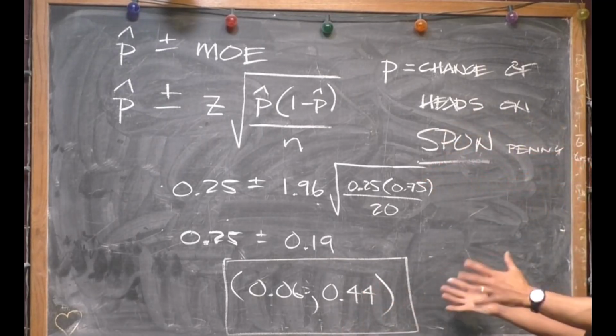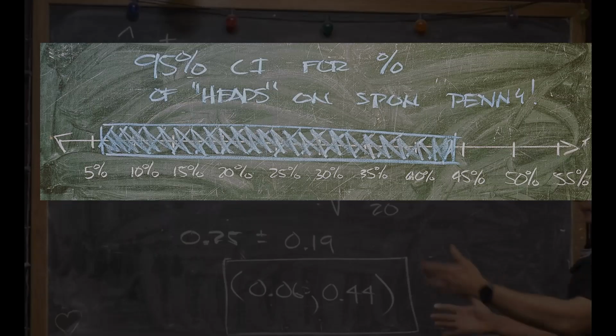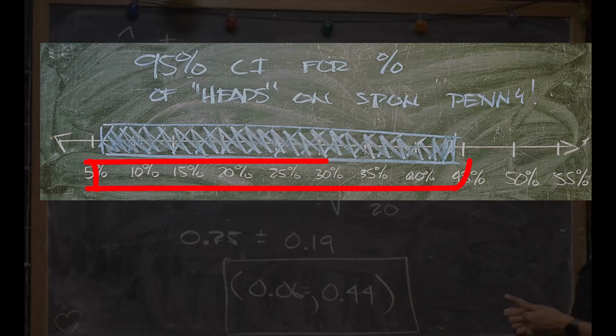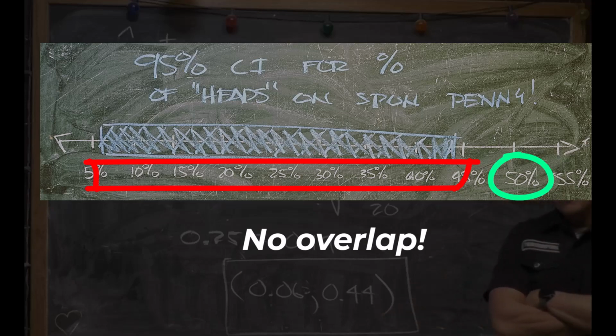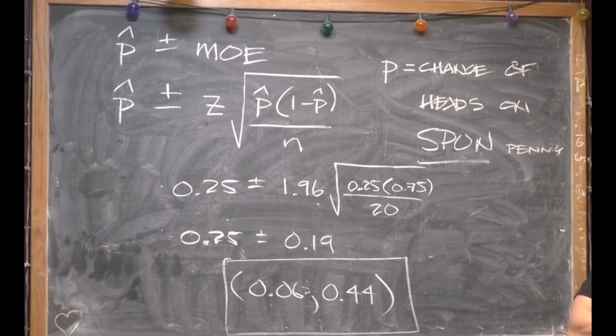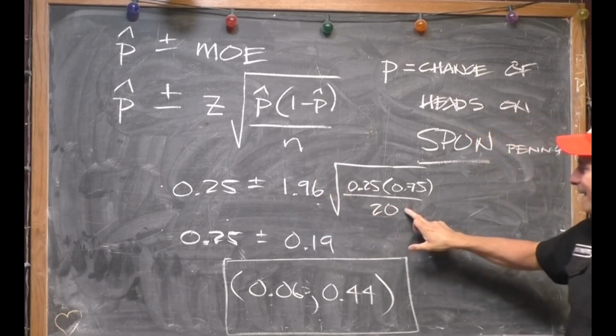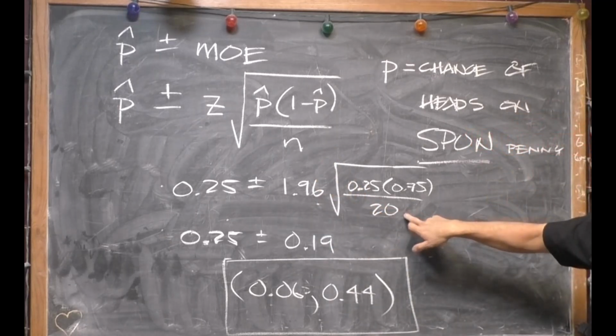If you picture this on a number line, 6 to 44% is here, and 50% is over here. So this is actually statistical evidence that spinning a coin is different than flipping a coin. The only thing that's bugging me is that I only did 20 trials. Maybe we should do some more. Let's go do some more.